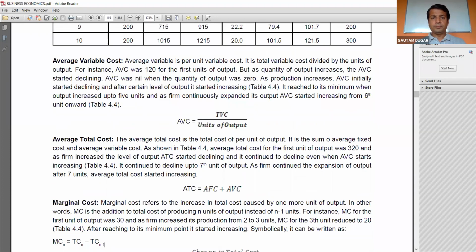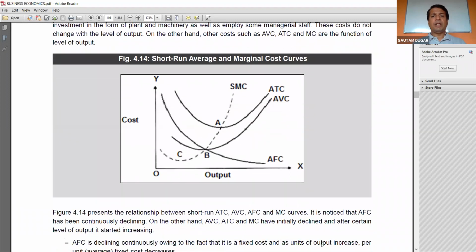This is a diagram in which we have all the curves, with a few small points. The marginal cost curve, the dotted line, intersects the AVC curve and the AC, average cost curve, at their minimum point. A few things to be noted.